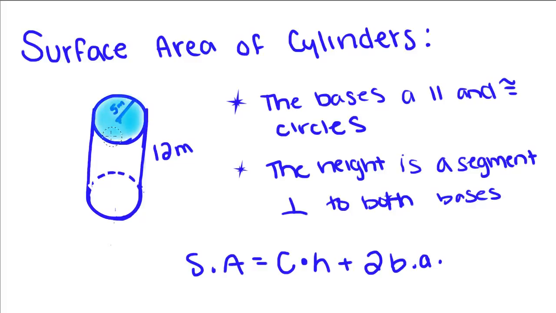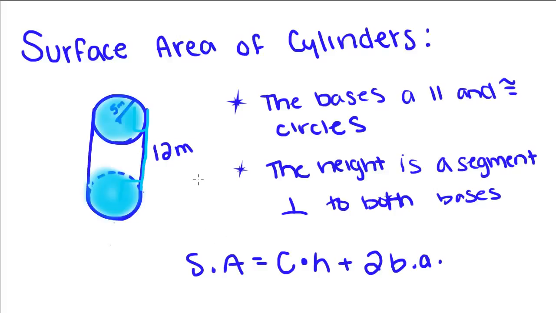So, this circle right here is parallel and congruent to this circle right here, which means that this height right here has to be perpendicular to both of these circles.